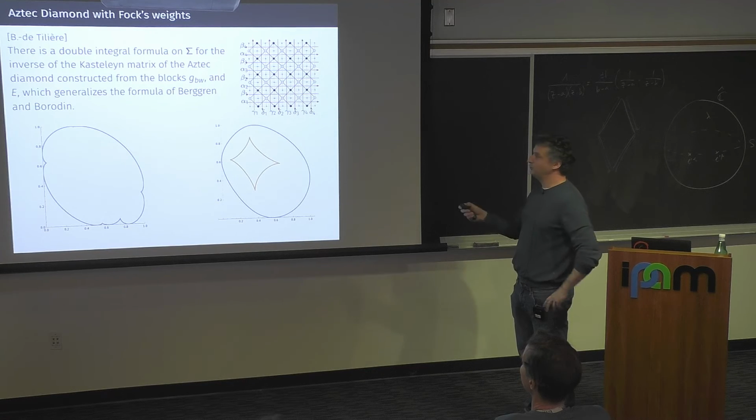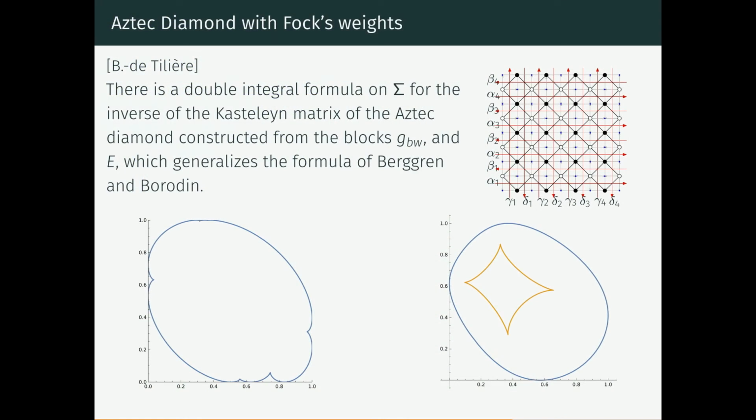So it turns out that the tools you can use to study the situation in the infinite plane can also be useful, for example, to study a finite graph such as the Aztec diamond. So very recently with Béatrice, we found a formula which generalizes the formula obtained by Berggren and Borodin for periodic weights.